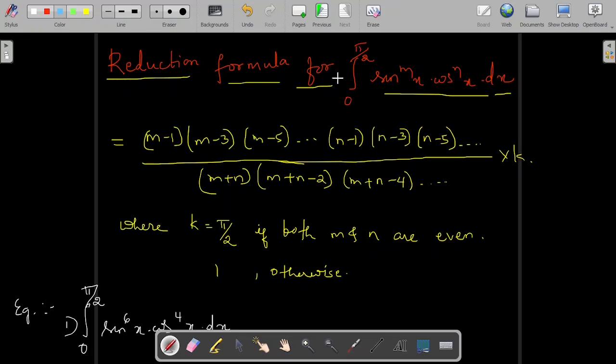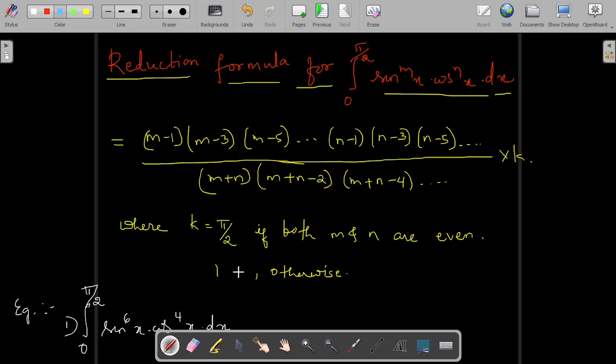Now the reduction formula for this product with the standard limits 0 to pi by 2, that is integral from 0 to pi by 2 sin power m x into cos power n x into dx, is given by m minus 1 into m minus 3 into m minus 5 and so on, times n minus 1 into n minus 3 into n minus 5, divided by m plus n into m plus n minus 2, m plus n minus 4 and so on, which is multiplied by k, where the value of k is pi by 2 if both m and n are even, and is equal to 1 in all other cases.